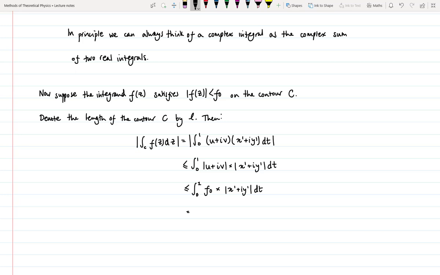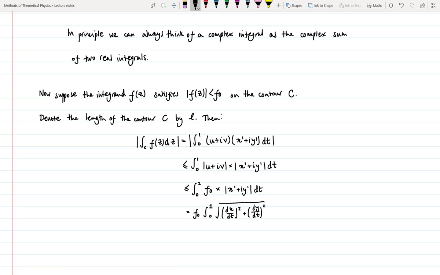We can take f0 out the front, and the absolute value of x primed plus i y primed can be rewritten as the square root of dx by dt squared plus dy by dt squared.